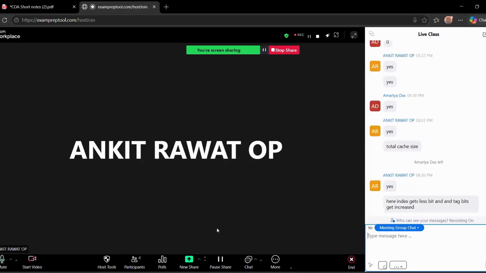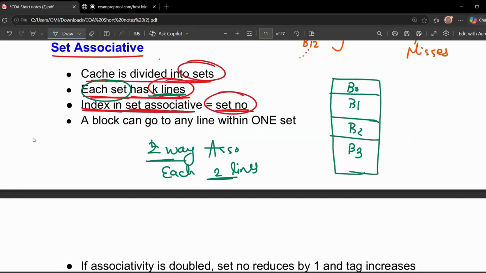If you have four lines, how many total sets are present? It will be four divided by two, so two sets.